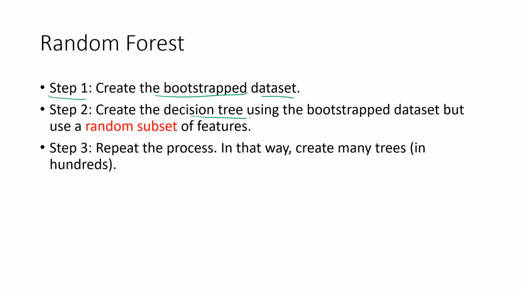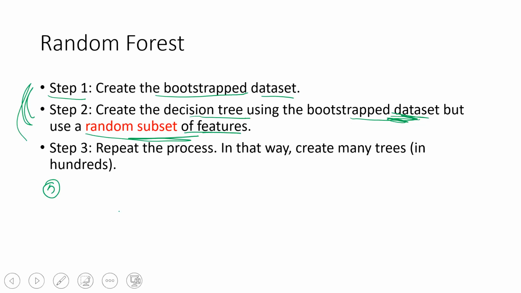Then you create the decision tree using that data set. But remember, for creating the decision tree, don't use every feature. Use some random subset of the features. Then repeat these steps. If you are to find n estimators, repeat this step n times. Means you are learning n estimators, and these can be learned in parallel.